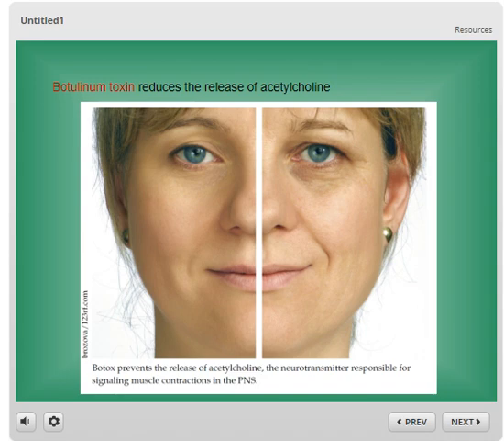This property is exploited in medical treatment, such as for muscle spasticity, chronic migraines, and cosmetic procedures. It is very important, especially for women, because this action reduces wrinkles.